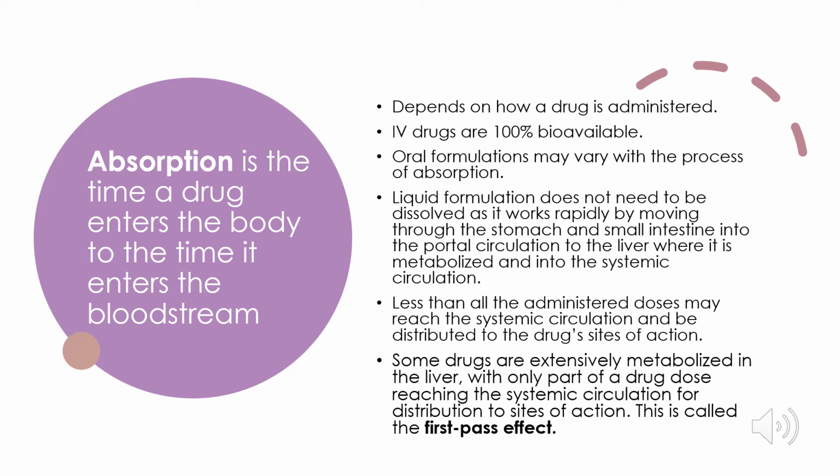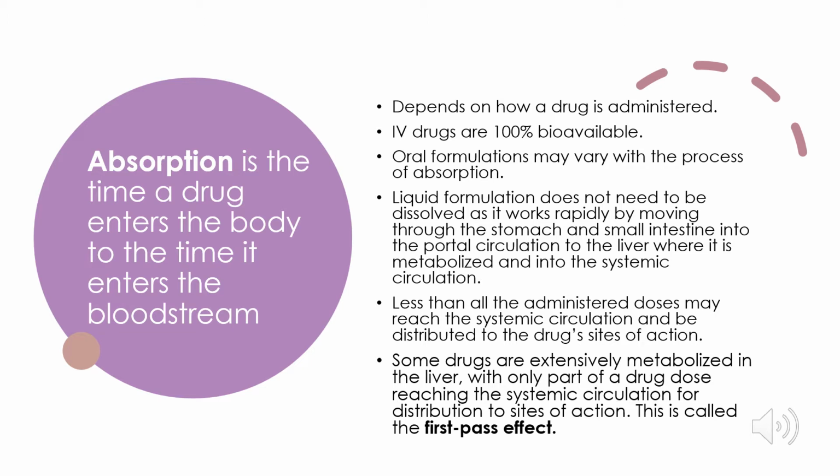So the important concept is to understand that less than all the administered dose may reach the systemic circulation and be distributed to the drug's sites of action. If the metabolic or the excretory capacity of the liver and the intestine for the drug is large, bioavailability will be reduced substantially.